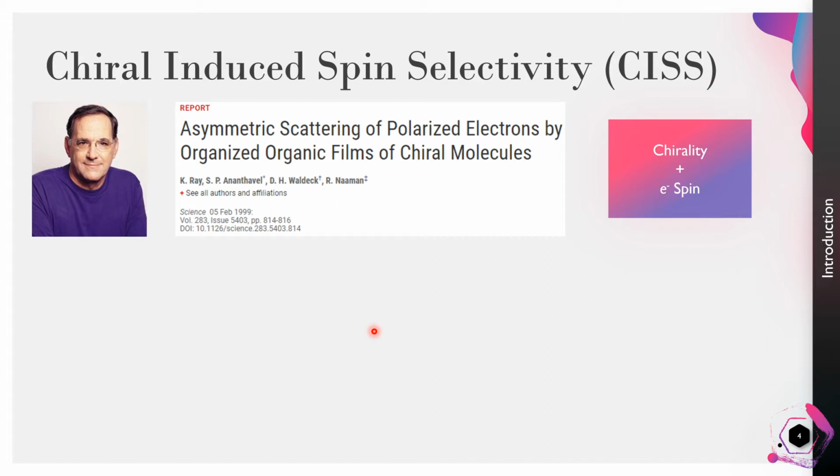His seminal report on the asymmetric scattering of polarized electrons by organized organic films of chiral molecules laid out the fundamentals for the CISS effect. The CISS effect primarily has two major actors, chirality and spin. Before we get into an understanding of the CISS effect and its applications, I think it's important that we first delve into these two main actors.